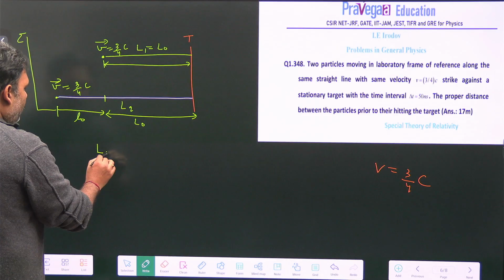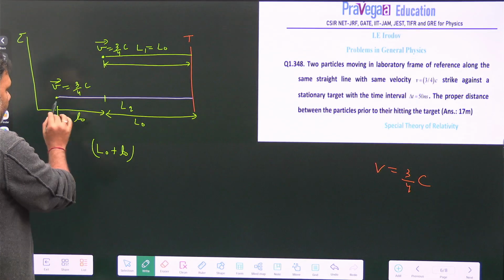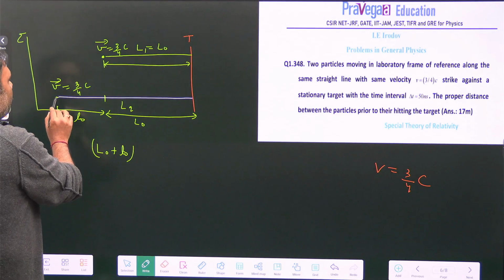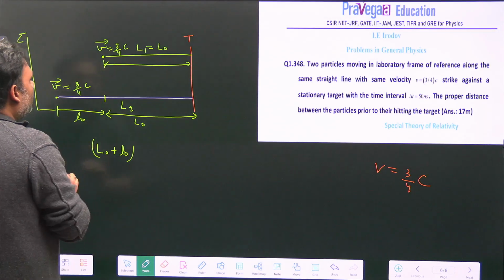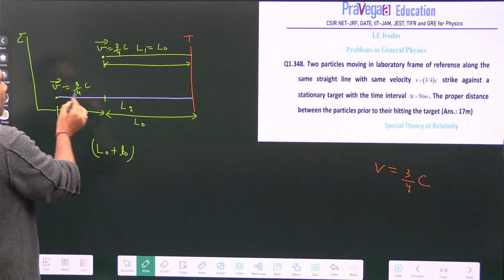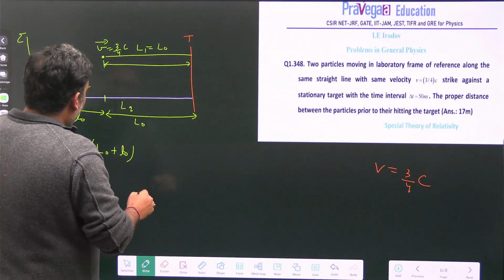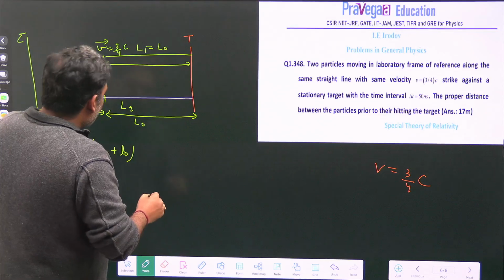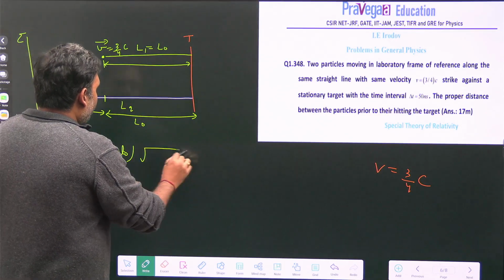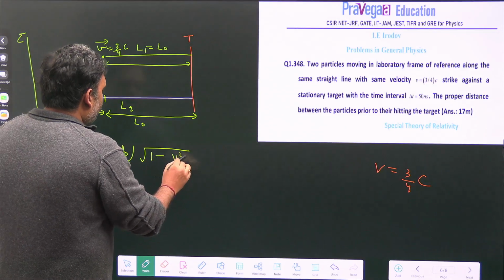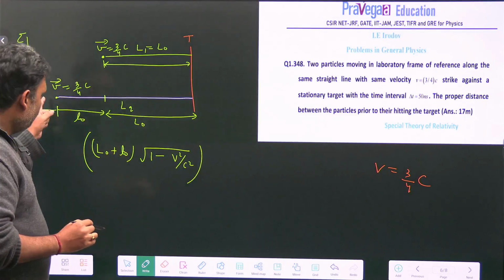This particle is moving with respect to sigma with 3 by 4 c, or some velocity v. We can also assume that with respect to this particle, this length is moving, so it will not remain proper. It will be contracted, by the factor root of 1 minus v square upon c square. This is for the second particle.